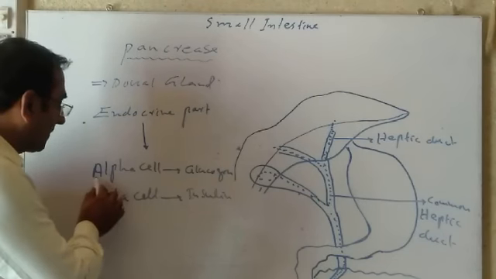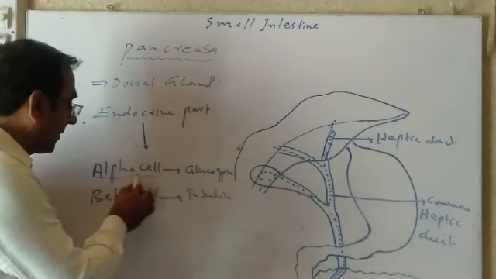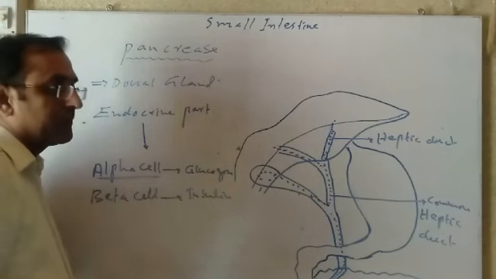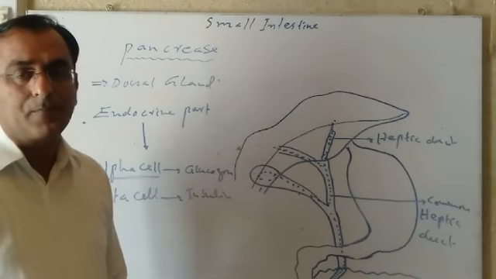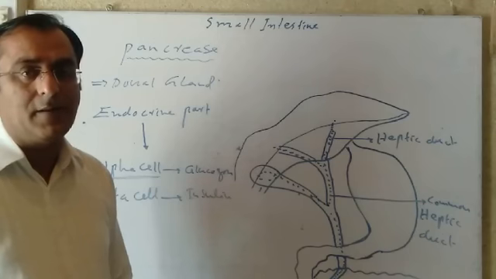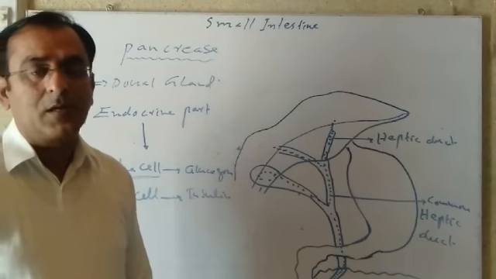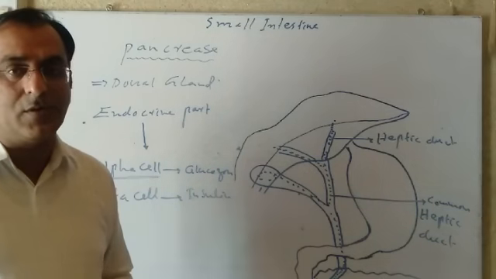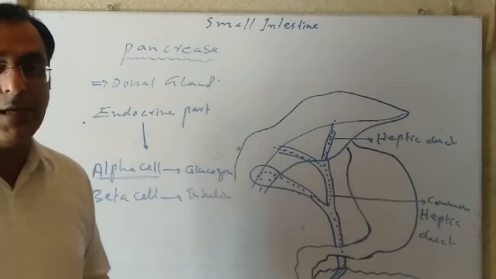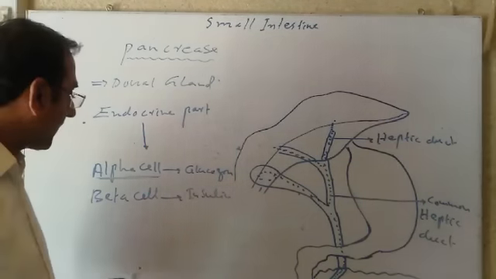Alpha cells produce glucagon hormone when glucose level is low in the blood, and glucagon converts muscle and liver glycogen into glucose up to the set point.